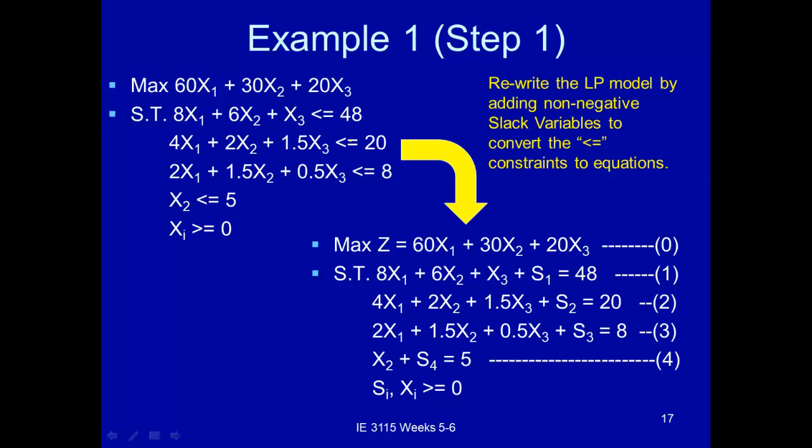The greater-than-or-equal-to constraints, later we'll talk about them, and you will appreciate how easy this is. Okay, this one, so with the less than or equal to, we add the slack variables. So add 4 of them, okay? And then we say all the slack variables that we added need to be greater than or equal to 0.